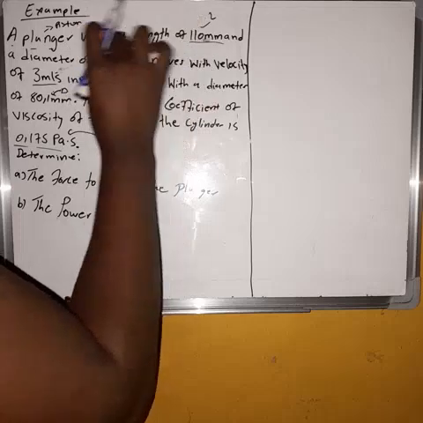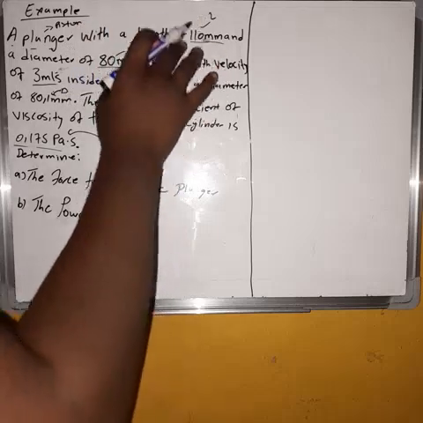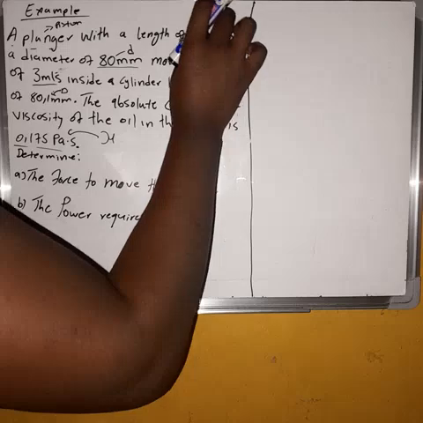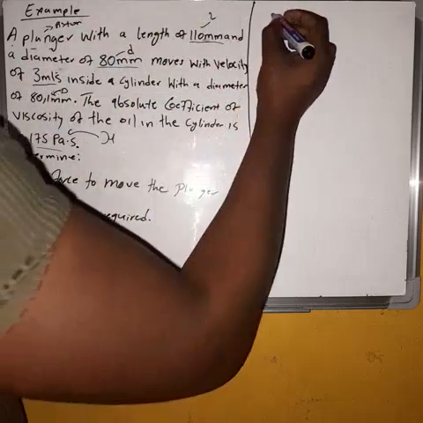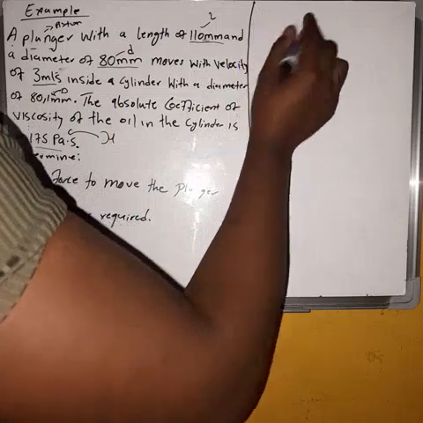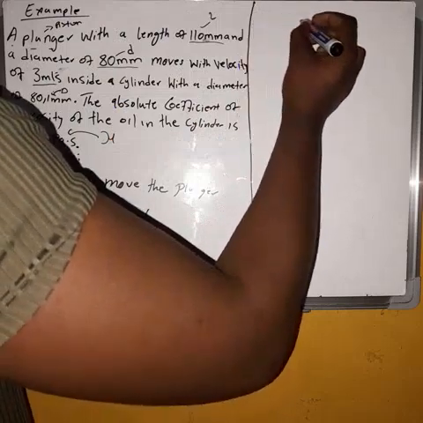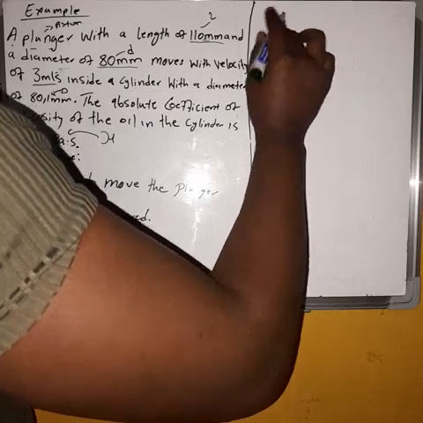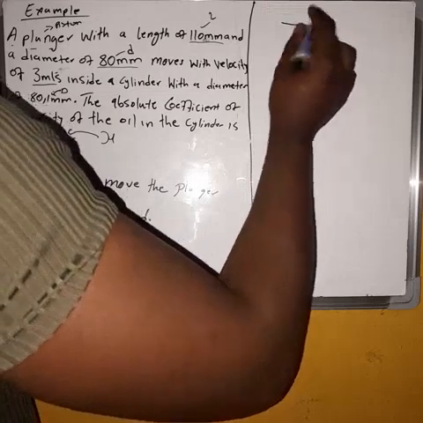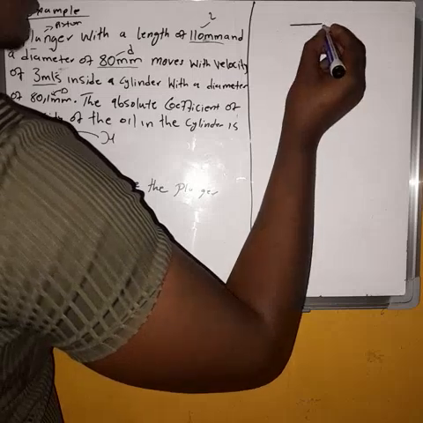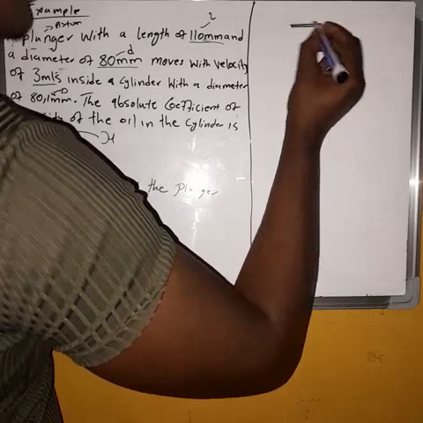They say the plunger with the length, and this length must be the length of the piston, not of the connecting rod. It's like this: we have a piston.